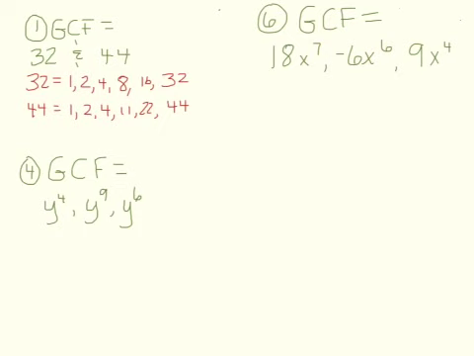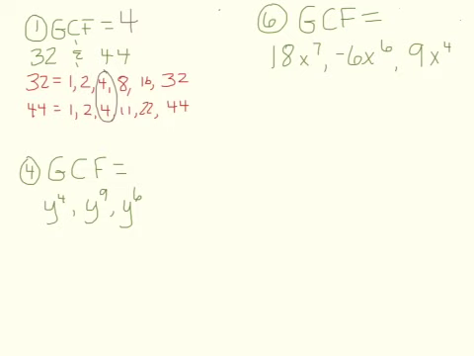The factors of 32 are 1 and 32, 2 times 16, and 4 times 8. The factors of 44 are 1 times 44, 2 times 22, and 4 times 11. So the greatest number that they can be divided by without a remainder is 4. So the greatest common factor of 32 and 44 is 4.